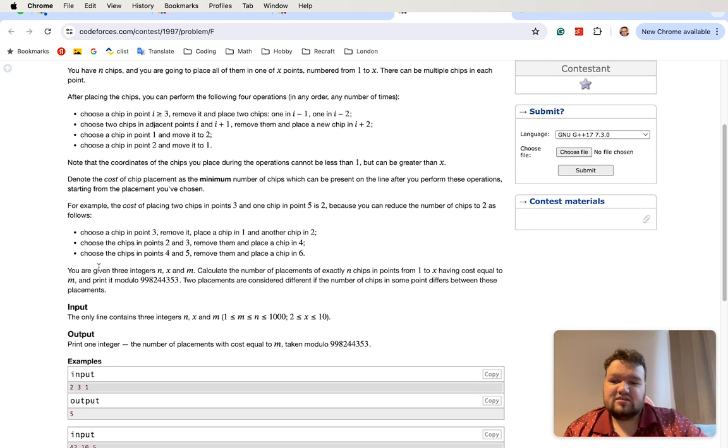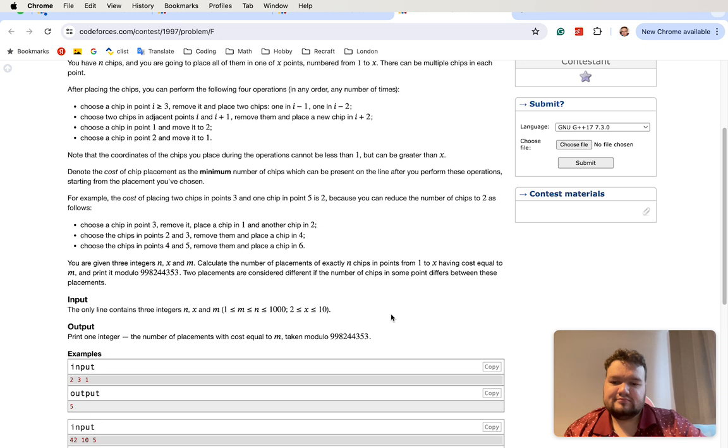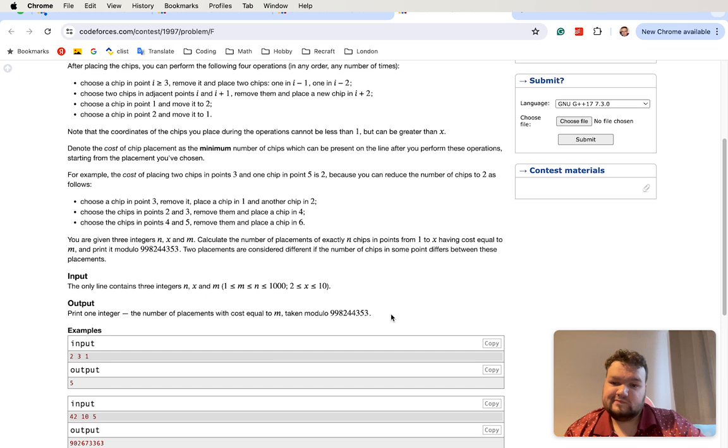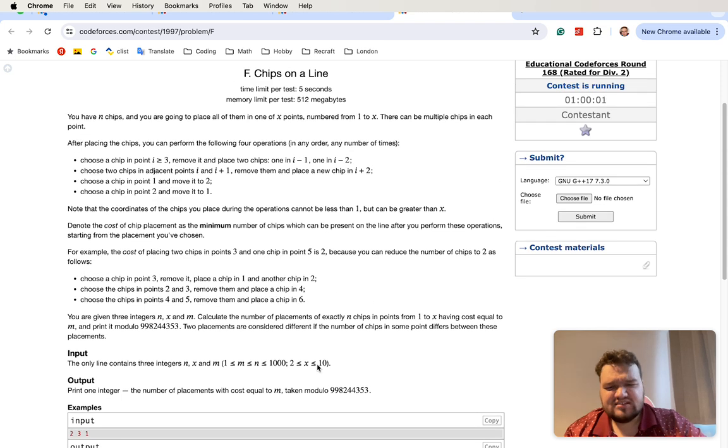Right. Given an x, calculate the number of placements of exactly n chips in points from 1 to x having cost equal to m, printed modulo. Okay. So x is up to 10, and the 10th Fibonacci number is not very big.